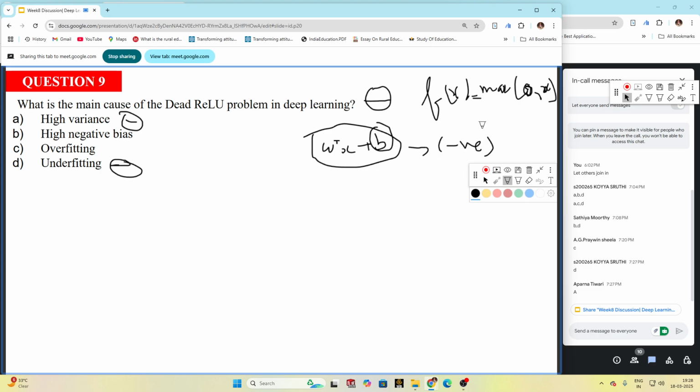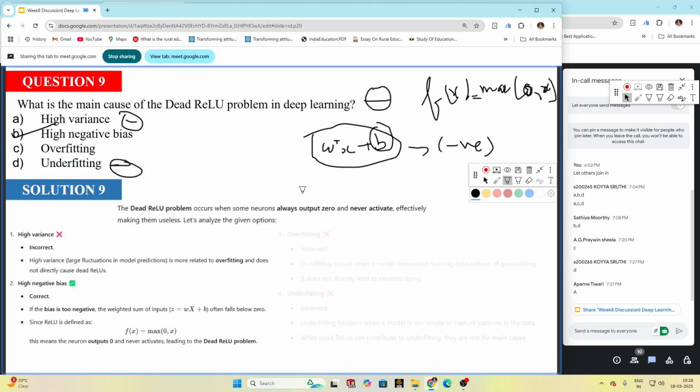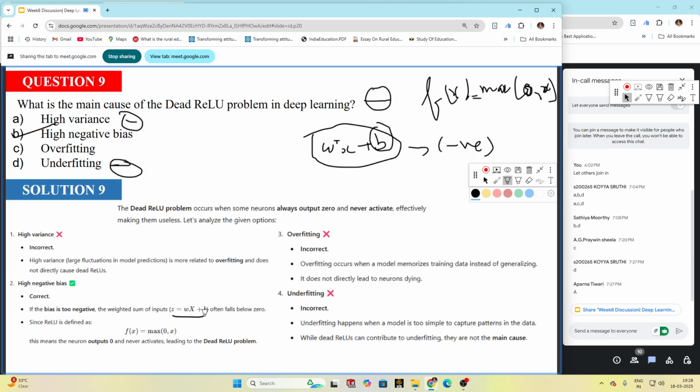And when it gives a negative pre-activation input, your output will be 0, which is the dead ReLU problem. So option B is your correct answer, high negative bias. Whenever your b is very negative, the output will be 0. High variance, overfitting, underfitting, you cannot say anything regarding the dead ReLU problem.